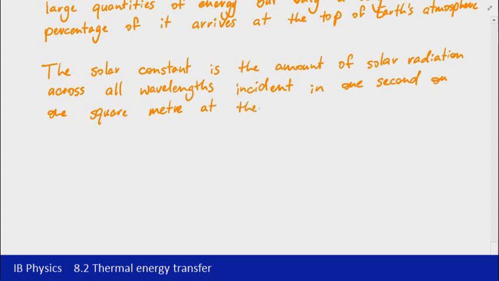Finally, we need to consider the fact that as the Earth moves around the Sun, it's not a constant distance from the Sun, so there's an elliptical orbit, but we'll consider it as being the mean distance of the Earth from the Sun.